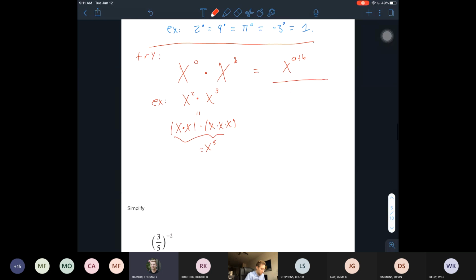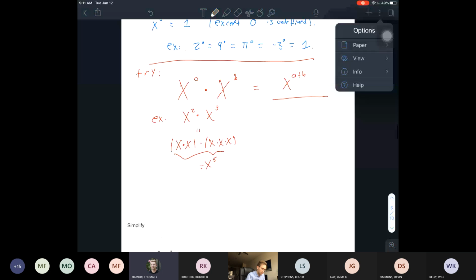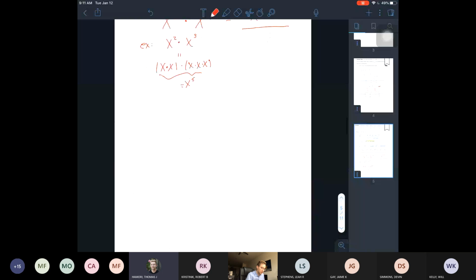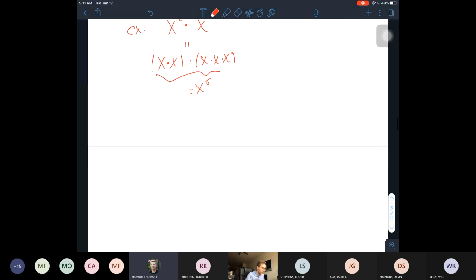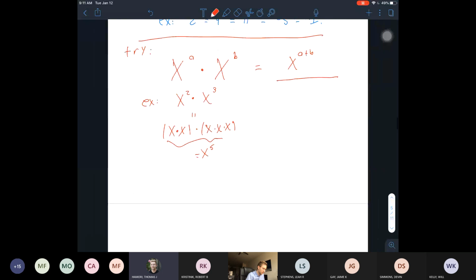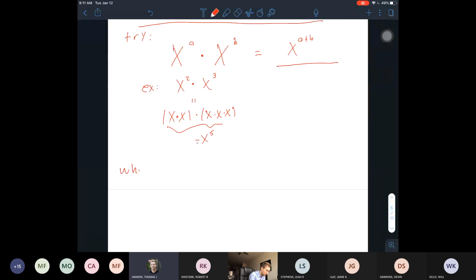The other one that people often get confused with this rule is this one: x to the power a, to the power b.